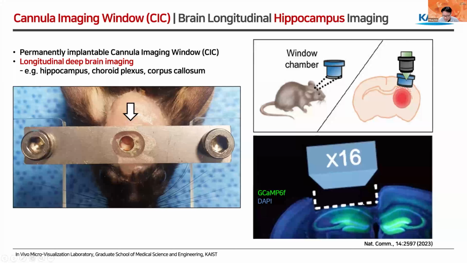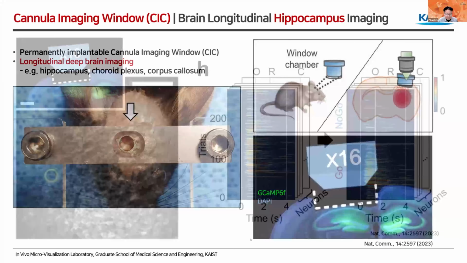Then we can insert our cannula imaging window like this, depicted by these white lines here. By doing that, we can directly visualize the deep inside of the brain.